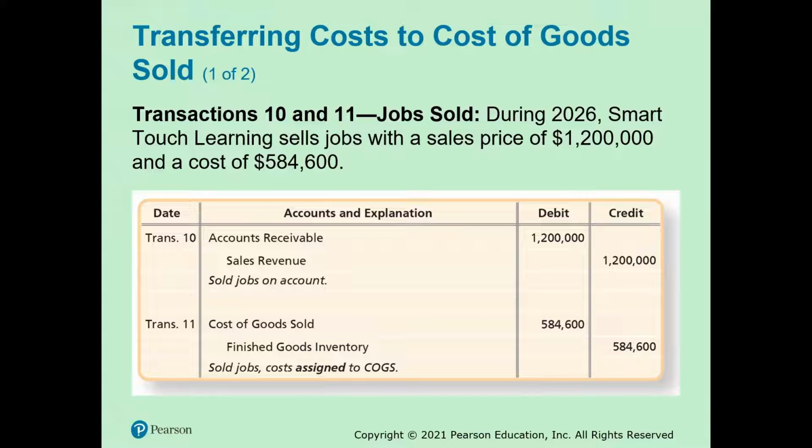So here you see there's a debit to accounts receivable and a credit to sales revenue for transaction number 10. And the $584,600 is the cost of goods sold, a debit, and a credit to finished goods inventory for transaction number 11.